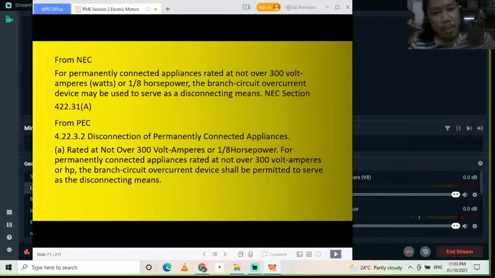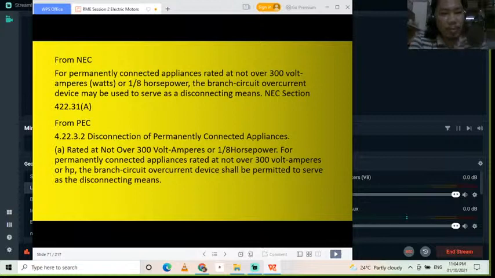Ayan. So, NEC section 422.31A. From Philippine Electrical Code naman, Article 4.22.3.2. Kung mapapansin nyo yung kanyang mga numbers, parehas din halos sa Philippine Electrical Code. Halos pareho lang. So, nagkaroon lang ng point sa Philippine Electrical Code. Instead of 422, naging 4.22.